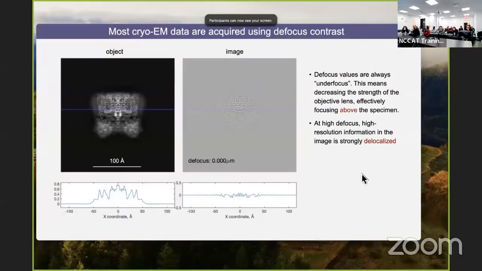So I guess I want more of a physical reason for why you get low contrast at higher spatial frequencies. Just what's happening in the microscope or to the electron rays to make that contrast not visible.